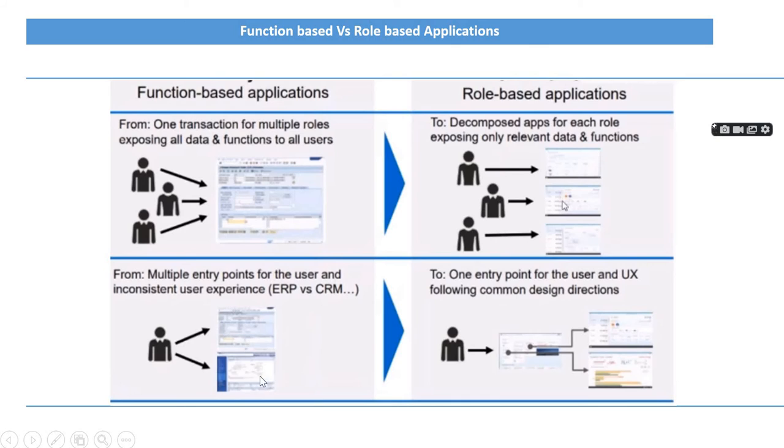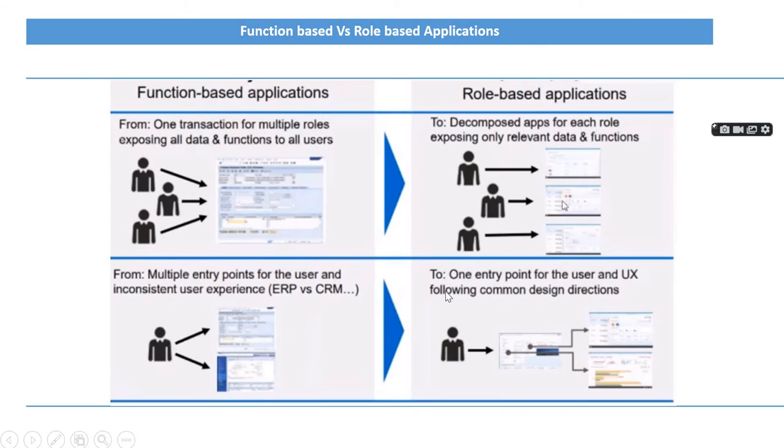Similarly, to work in CRM, he has to go to that system again, log in with user ID and password, get inside and do his work. So suppose he is in 2 systems or 4 systems, he has to log in to every system individually to perform his job. That is the meaning of multiple entry points for the same user for different applications.